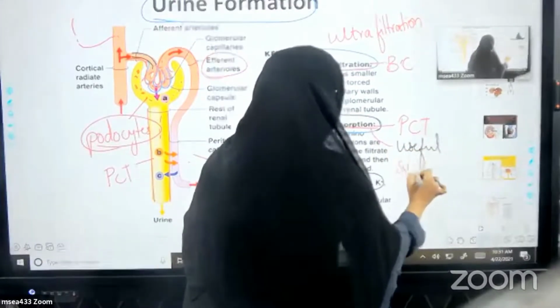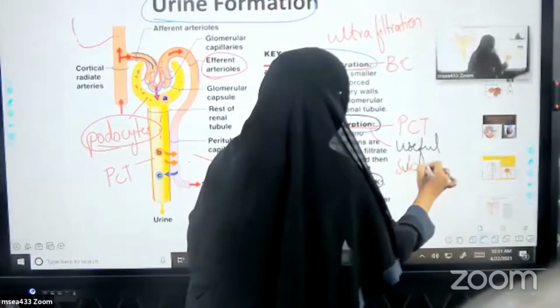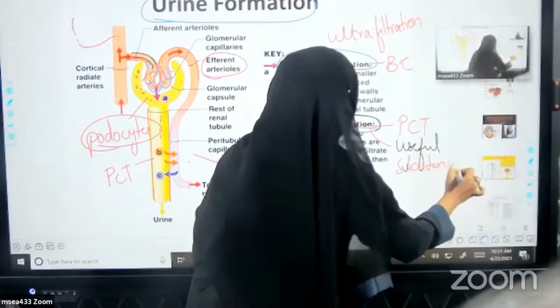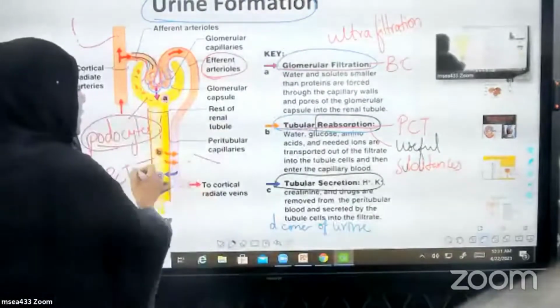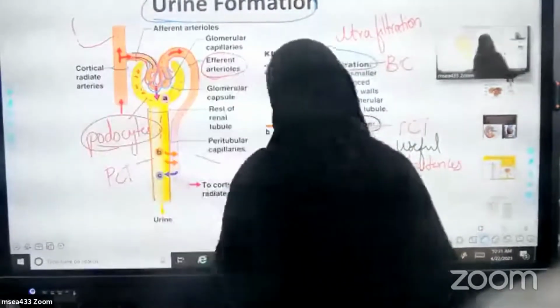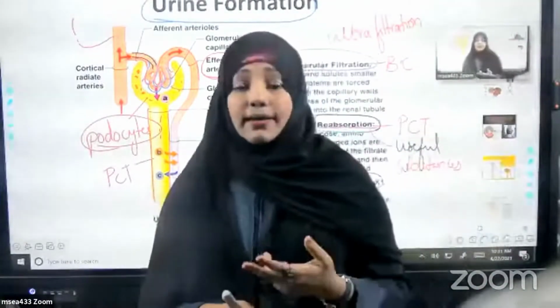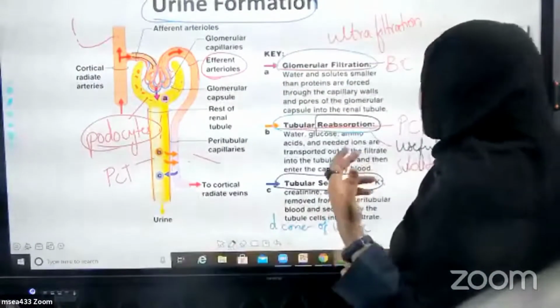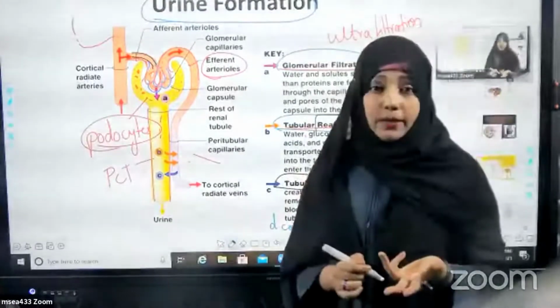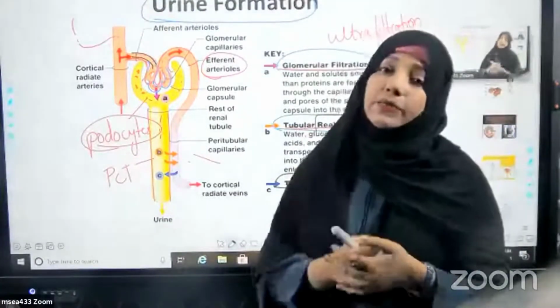What are the useful substances that are reabsorbed in the PCT? Some of them are water, glucose, amino acids, and even ions of potassium and sodium can be reabsorbed.